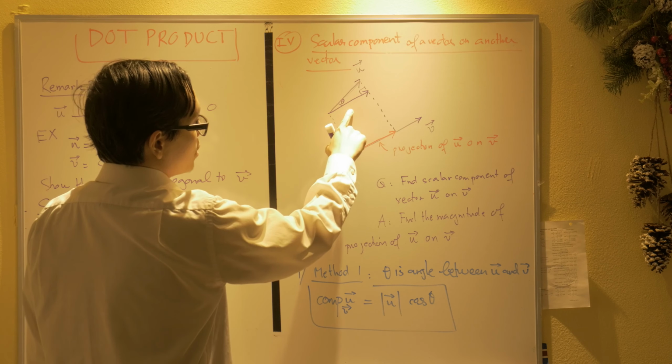Cosine of theta equals adjacent over hypotenuse, and the hypotenuse is the magnitude of vector u.